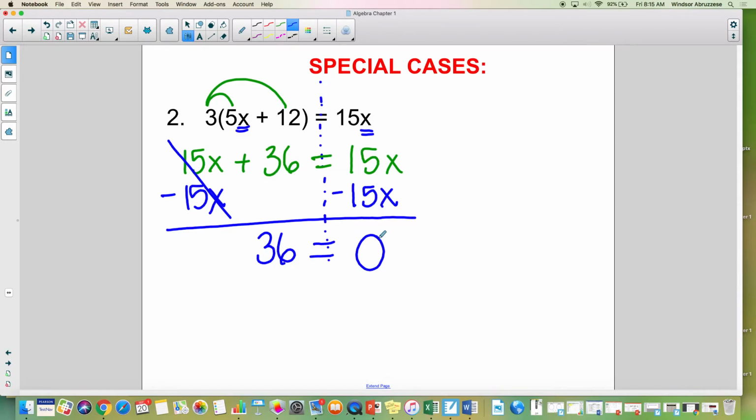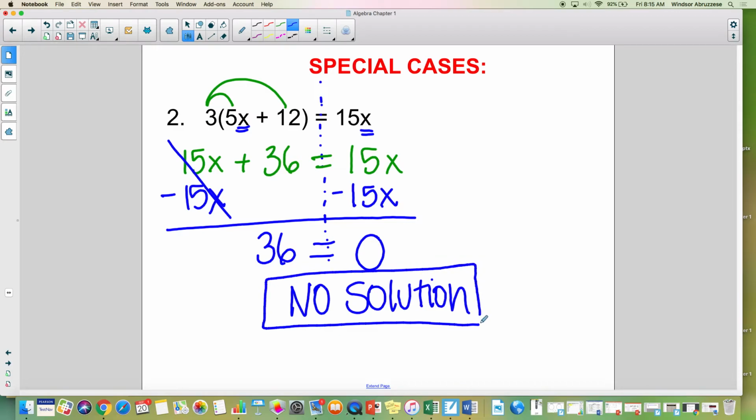I have no more x's. Does 36 equal 0? Never. So we write no solution. There is no solution to this equation. You cannot plug in any value for x that will make this equation true. So now what we need to add to our little book of knowledge is sometimes you could have x equals 3, but sometimes you could also write no solution.